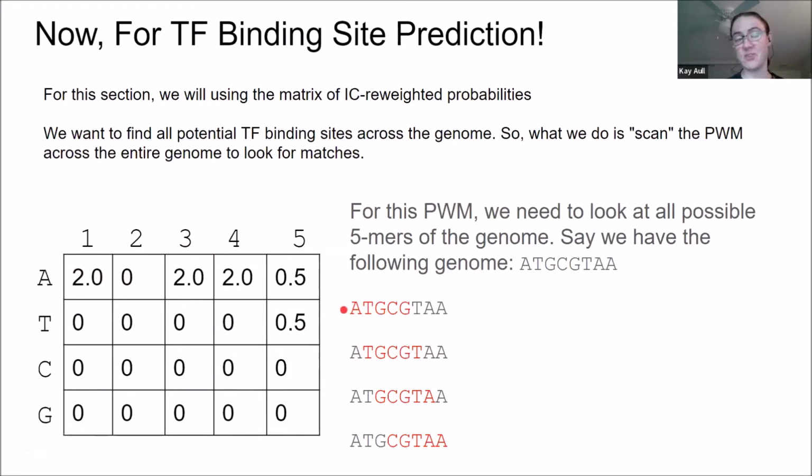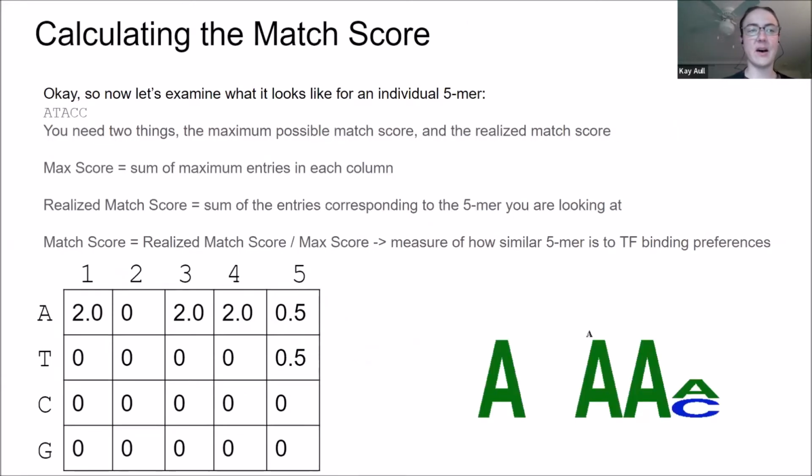So you're just throwing this thing at the genome and say, okay, do any of these look like my transcription factor motif here? So let's calculate what that looks like for this individual 5-mer here.